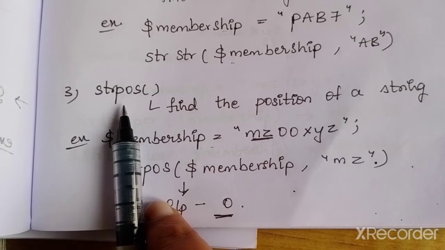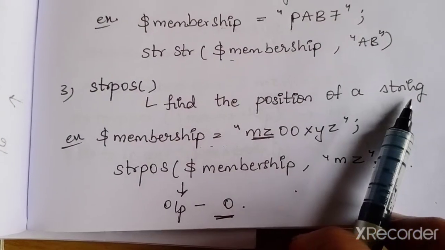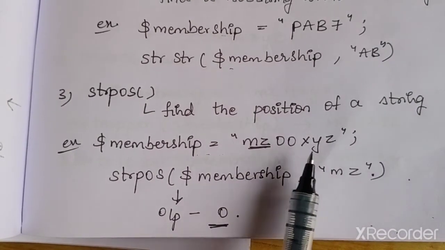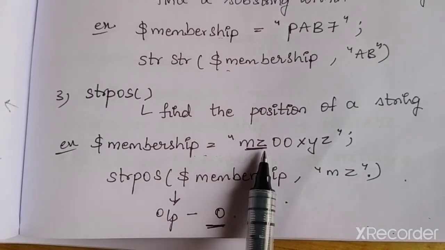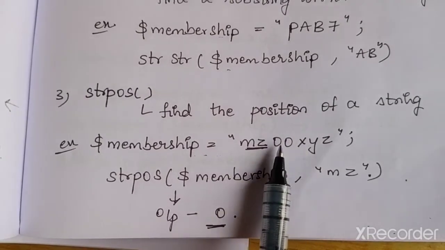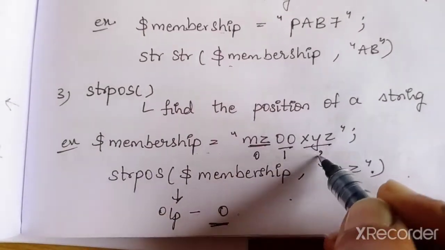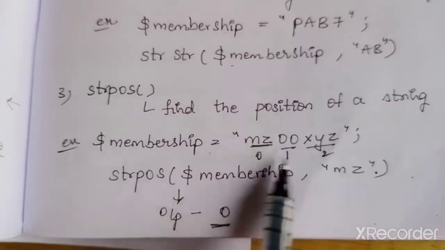Similarly, we have string position, strpos. POS refers to position. It is used to find the position of a string. Suppose the string is MZ00XYZ, and here MZ is stored in location 0, 00 in 1, XYZ in 2. These are the substrings in this string.